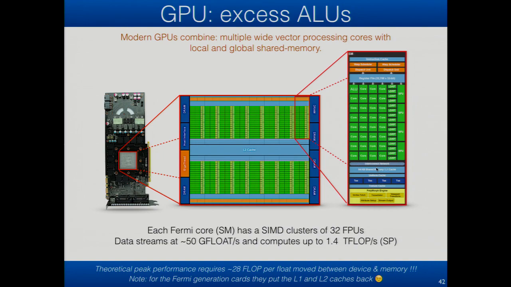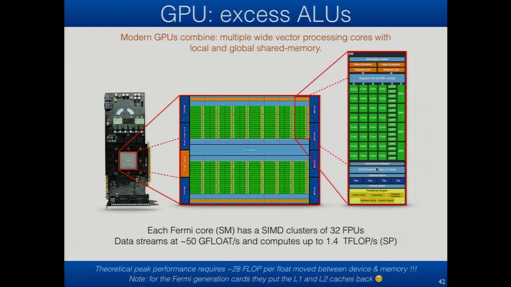Okay? That seems like a lot, but it's really not that much register space or shared memory space, because you take that amount and divide it by 32, and those are the resources available to a single ALU. Okay? So we want to have multiple threads available to each ALU.